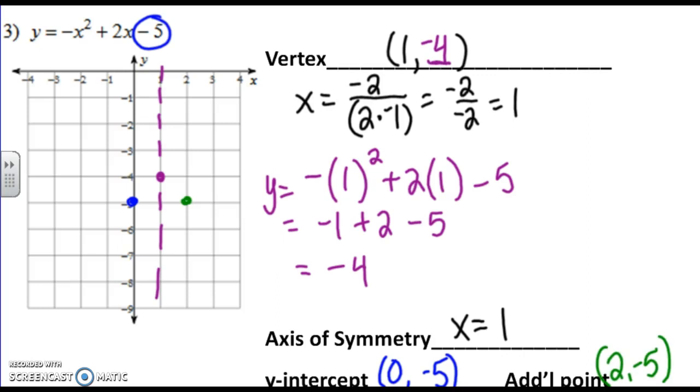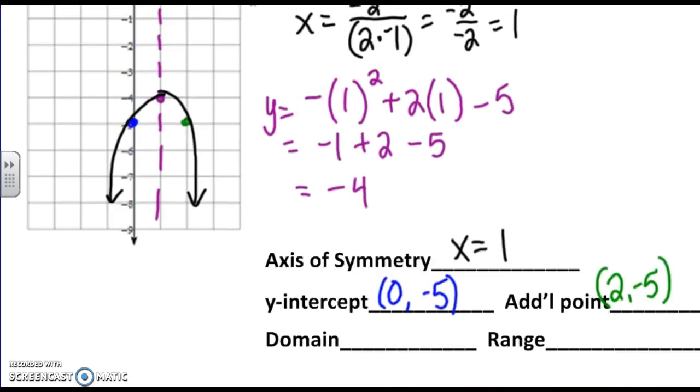From there, we can draw our graph. Please extend it down. Our domain, if you would rather write it with a symbol, you can write it that way. And our range is going to be, since this is a high point, we're going to start with negative infinity and it peaks at negative 4. Okay?